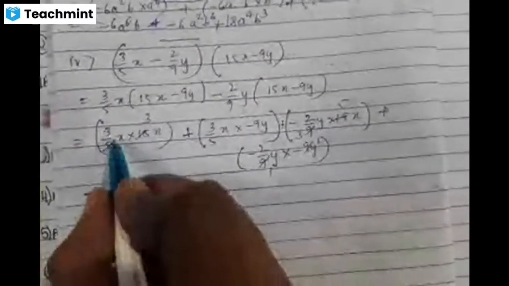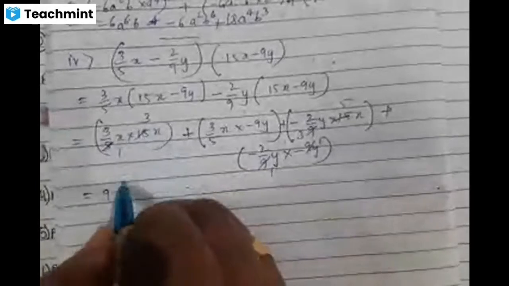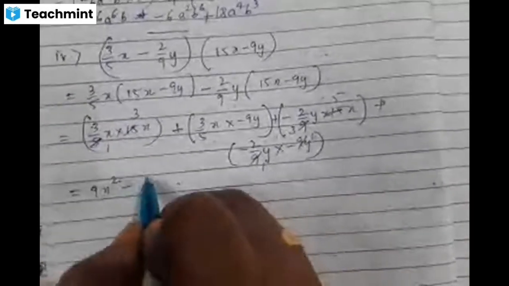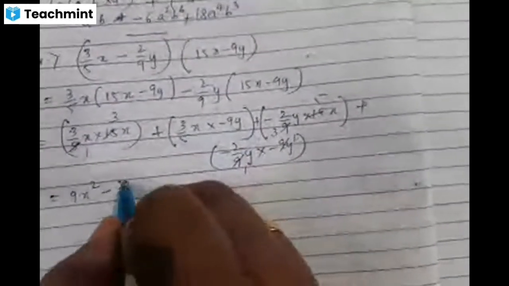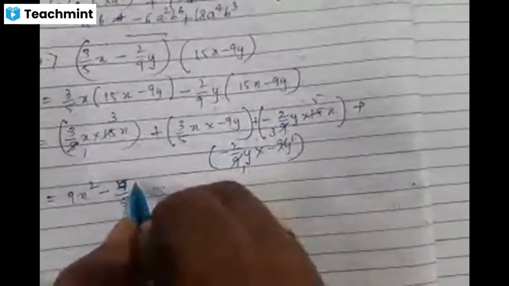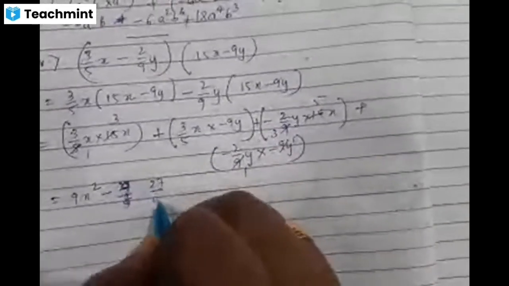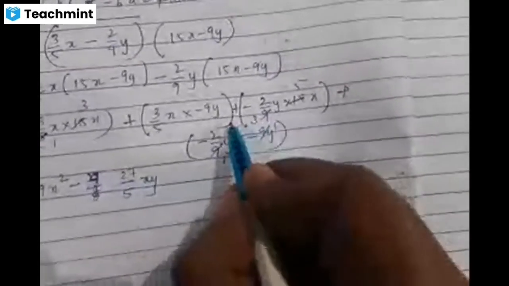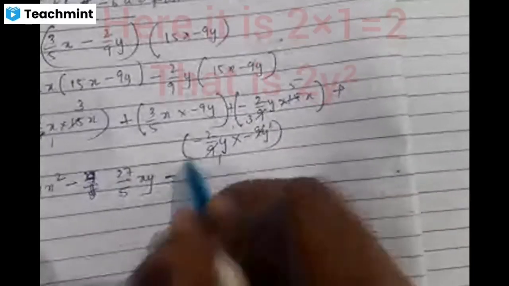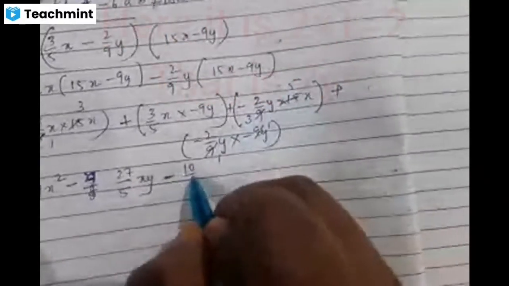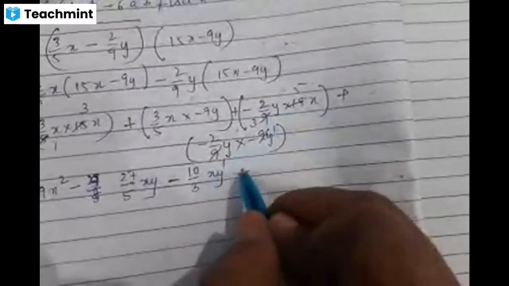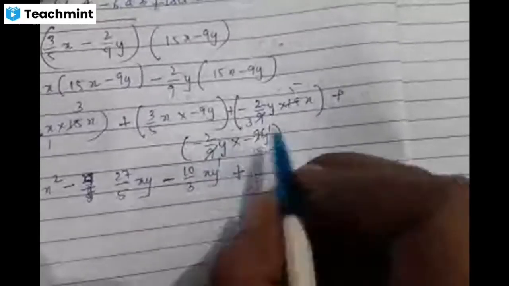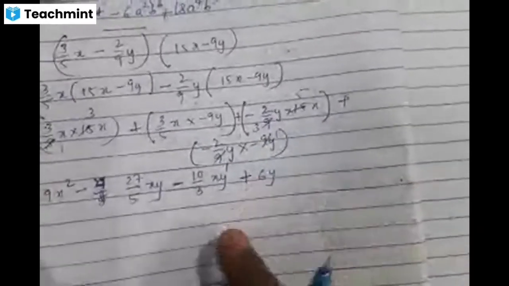You are left with 3 3s are 9x square, plus into minus, minus 3 by 5, or 9 3s are 27 by 5, 27 by 5 xy, plus into minus is minus 2 5s are 10 by 3 xy. I'll write it as xy. Minus into minus is plus 2 3s are 6y. So here you find the like terms.